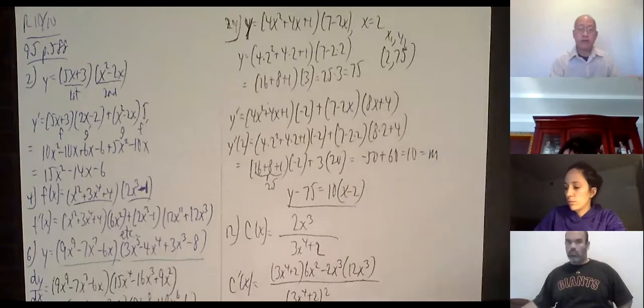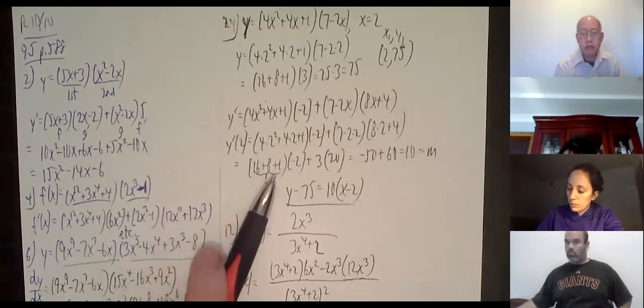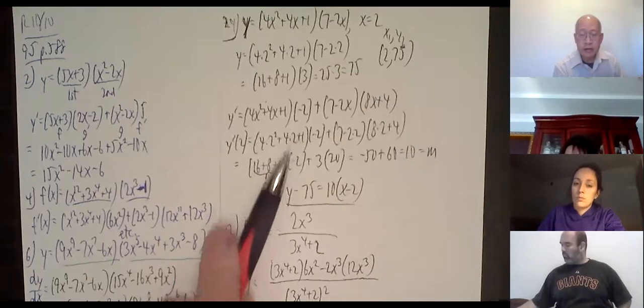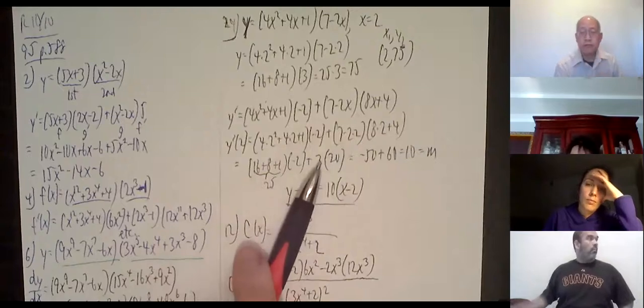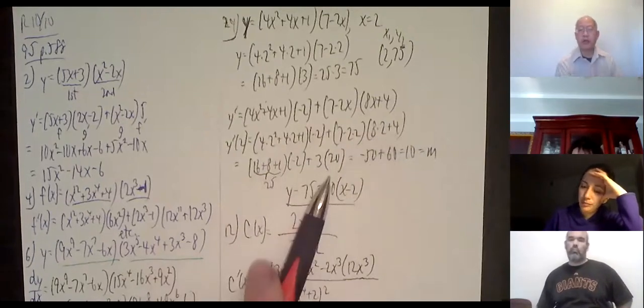So now what do we have? 4 times 4, 16, plus 8, plus 1, which is 25. We just did that, right? Times negative 2. And this is 7 minus 4, which is 3. 8 times 2 is 16. 16 plus 4 is 20.